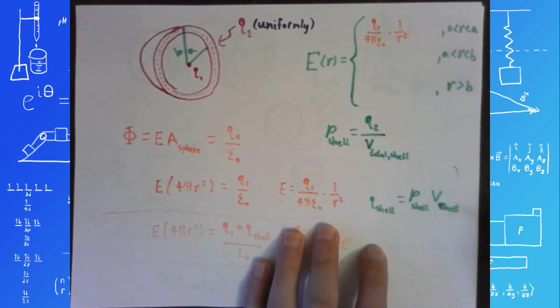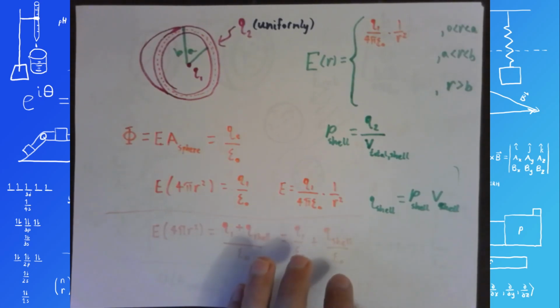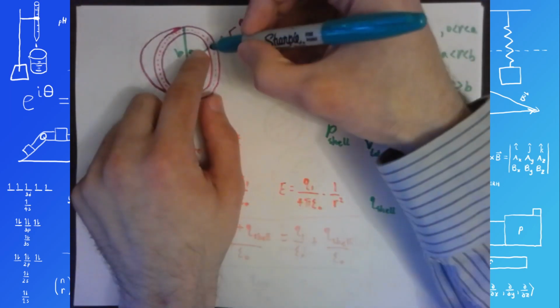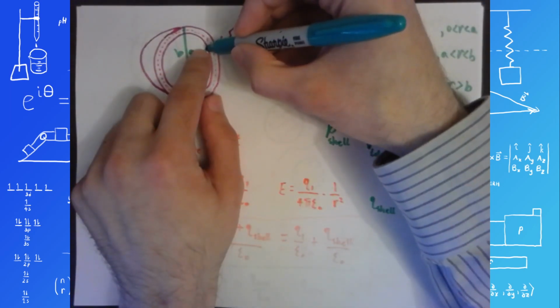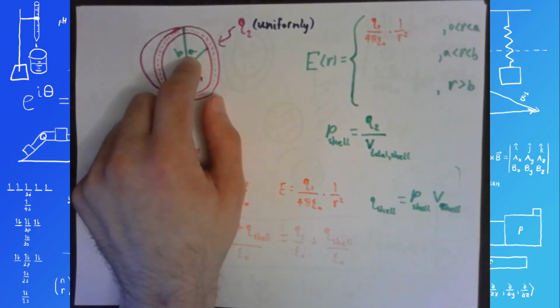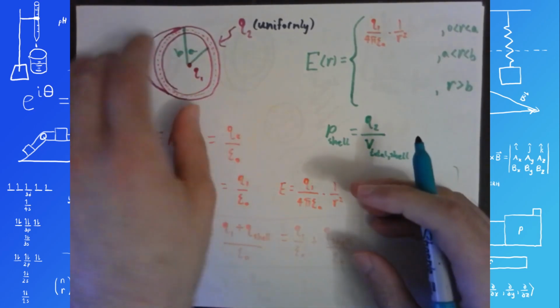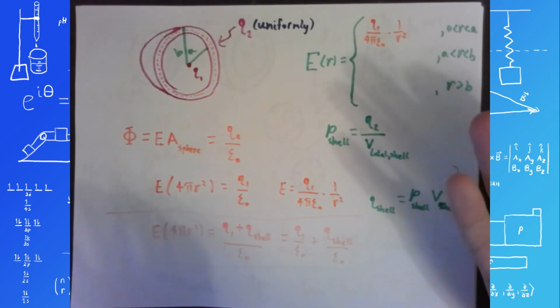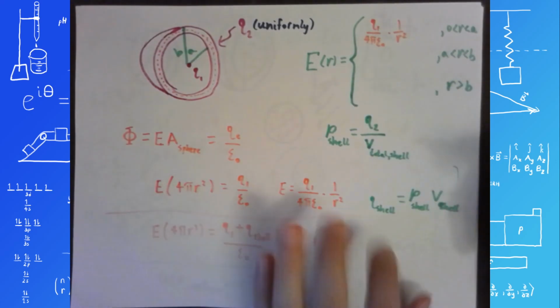I probably should have used different subscripts for my variables here, because I can see how this can get a bit confusing. So the total volume is everything from A all the way to B. To get that total volume, I simply realize that a spherical shell is just two spheres, a big sphere minus a little sphere.